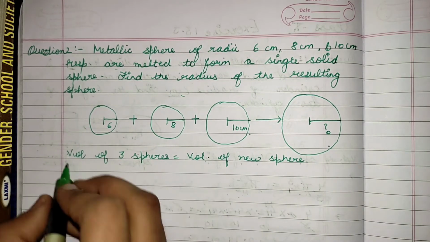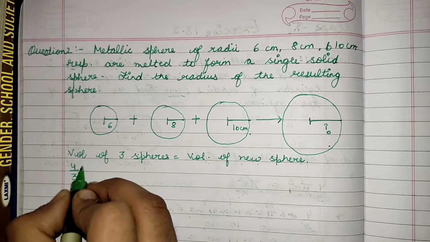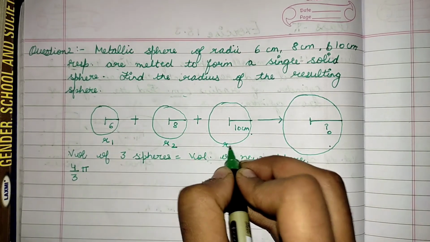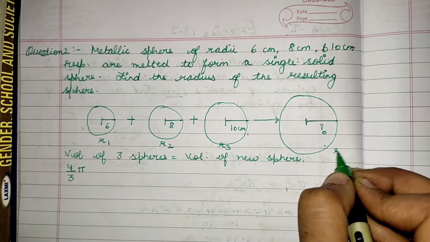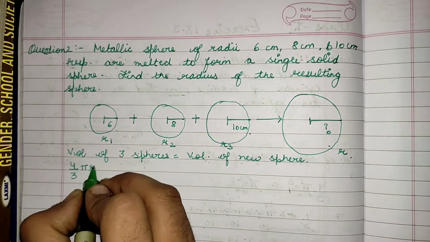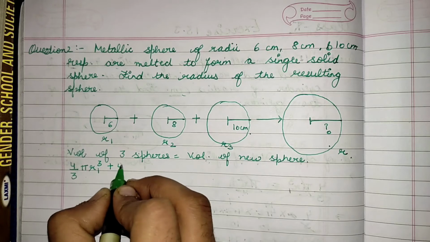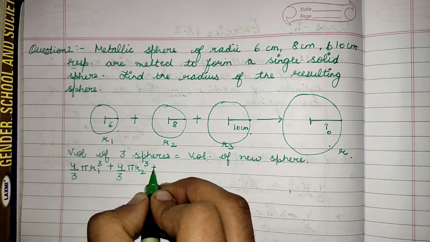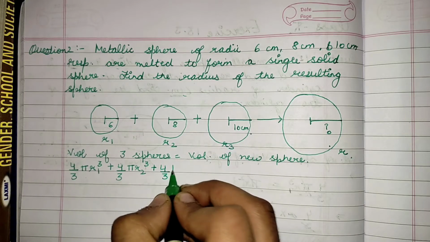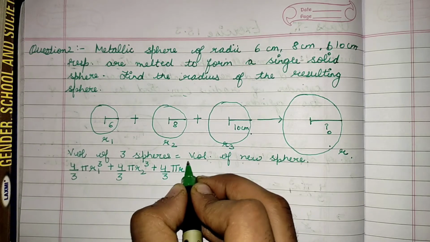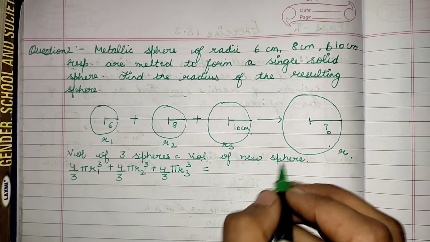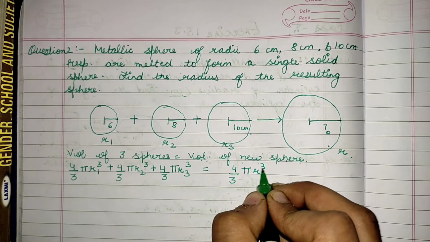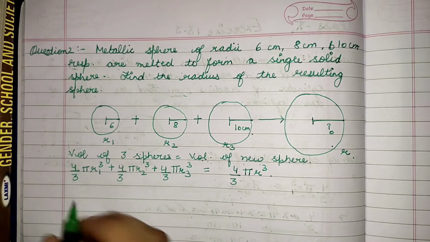The volume of a sphere is given by, suppose this is radius r1, this is r2, this is r3, and the final radius is r. So 4 by 3 pi r1 cube plus 4 by 3 pi r2 cube, and for the third sphere 4 by 3 pi r3 cube, is equal to the volume of my new sphere, which is 4 by 3 pi r cube.